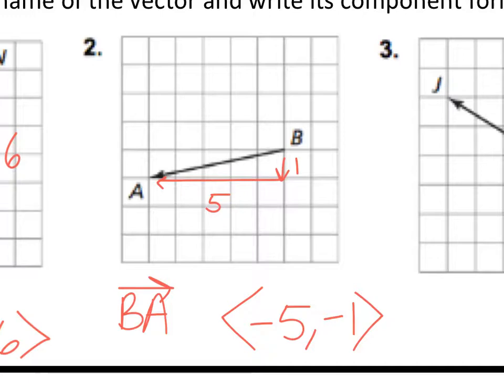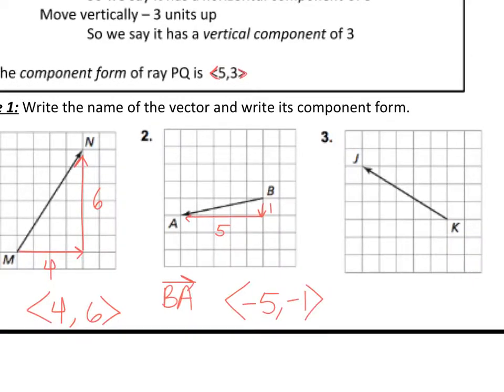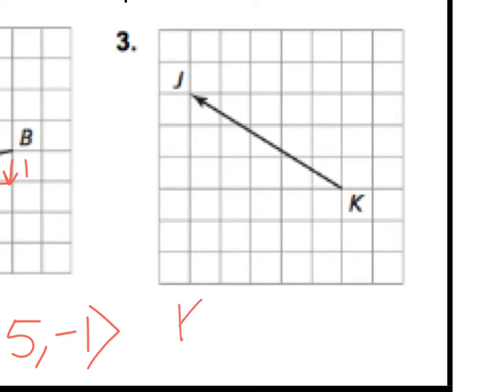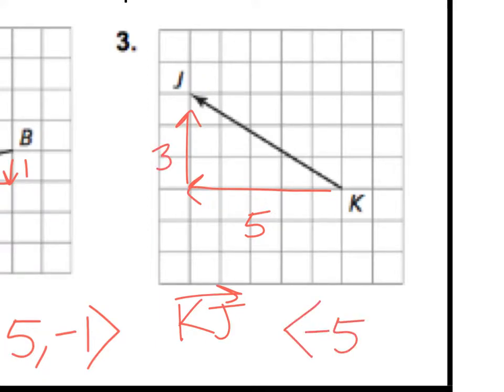If they're going left or down, you have to put negative. And lastly, this vector goes from K to J, so it's KJ, and it goes left 5, up 3, so that's negative 5, positive 3.